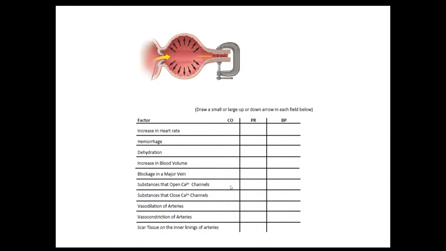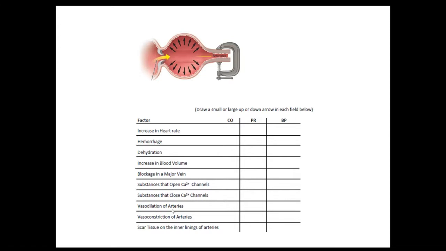The biggest effect is going to be on cardiac output, and decrease blood pressure. I just said that backwards. I am sorry. If we open calcium channels, there's going to be more calcium entering the cardiac muscle cell. That's going to cause greater contraction, greater blood pressure. If we were to administer a substance to a patient that closes the calcium channels, then we would get less calcium in the cytoplasm and reduce cardiac output and blood pressure.